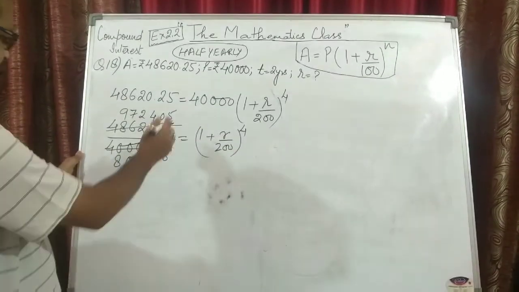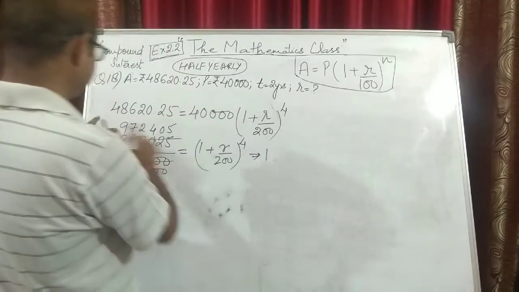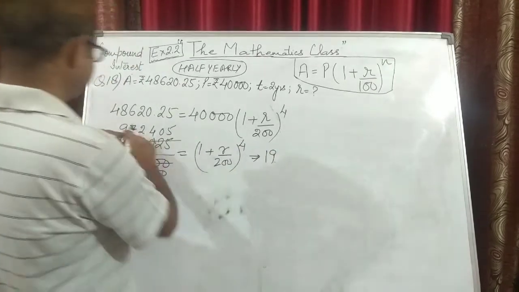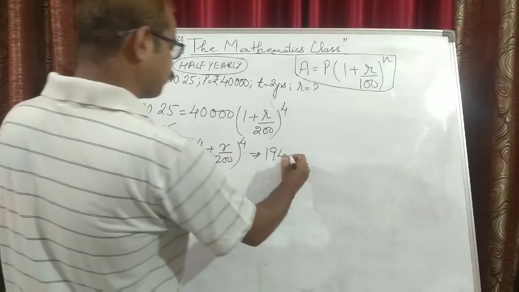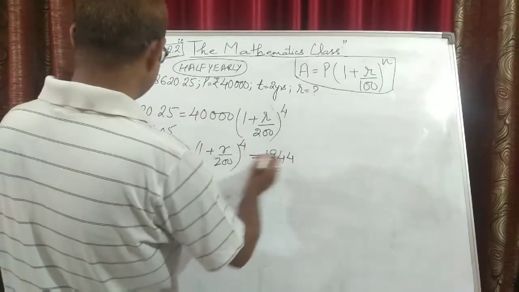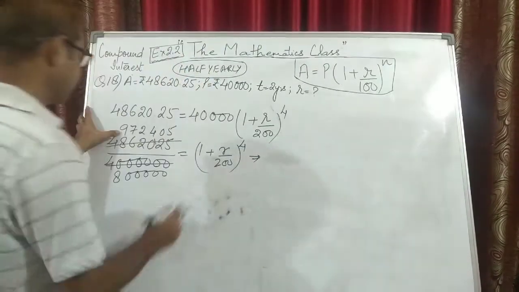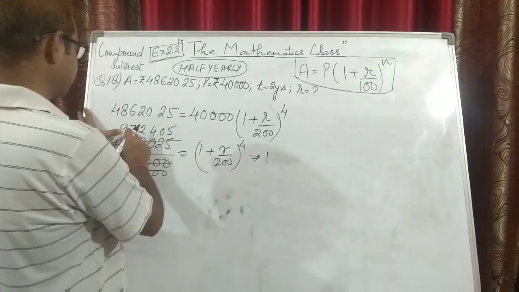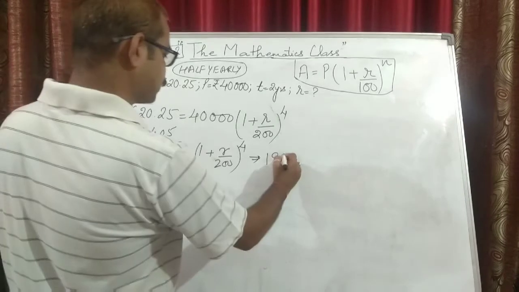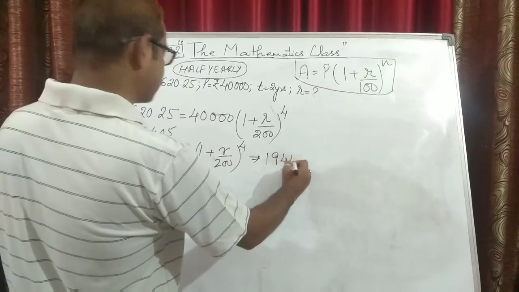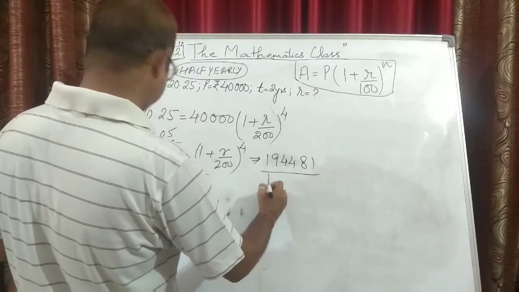Now if you divide this again by 5, 5 1s are 5, 47, 5 9s are 45, 22, 5 4s are 20, 24, 5 4s are 20, 5 8s are 40, and 1 upon 5 1s are 5.